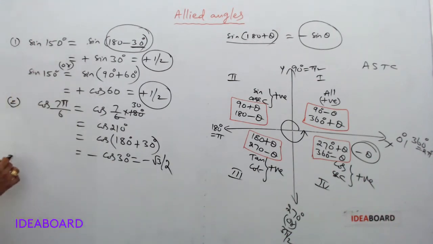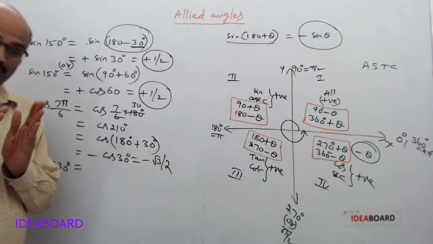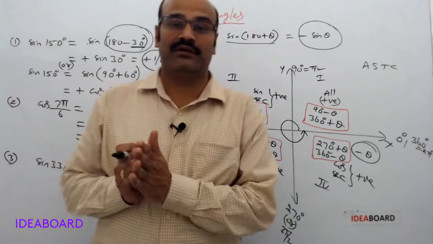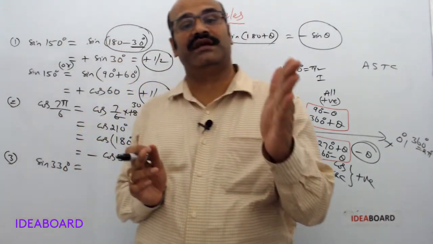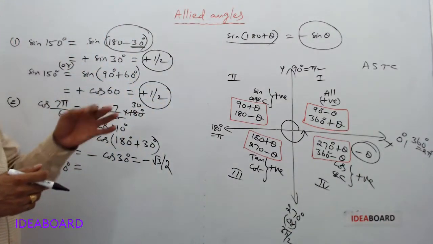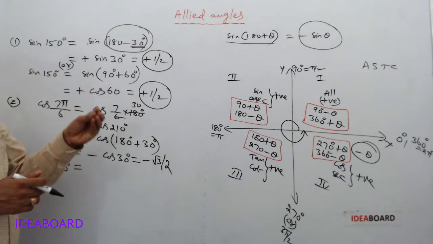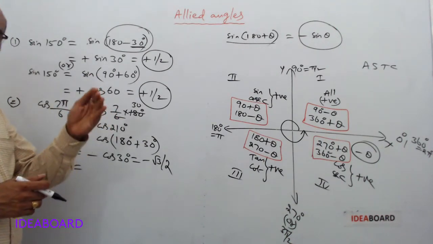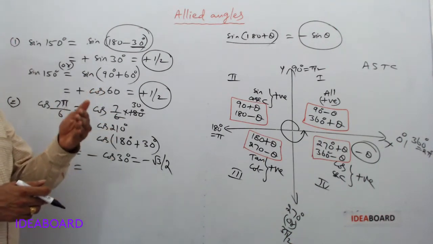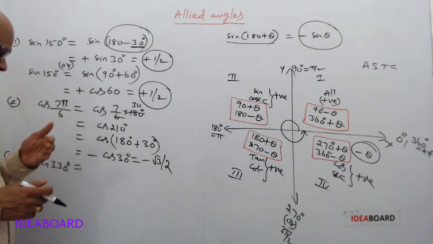Similarly, sin 330 degrees. Now we have to write this in the form of 360 minus theta, because the allied angles will always be allied to theta, in the form of 90 plus or minus theta, 180 plus or minus theta, 270 plus or minus theta, 360 plus or minus theta.